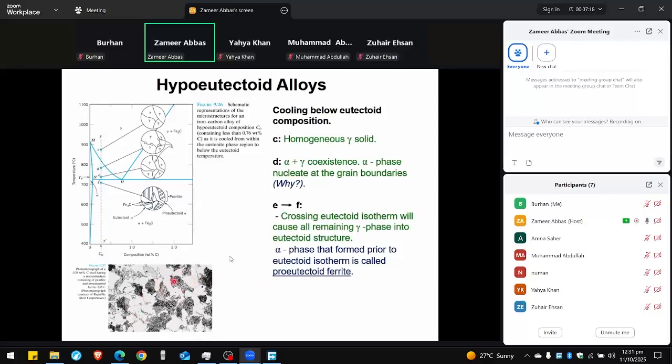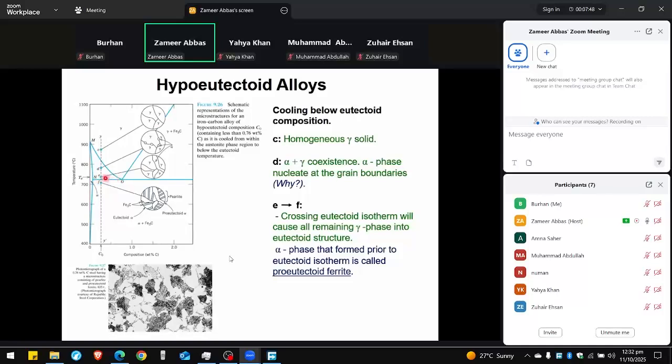White region is pro-eutectoid alpha, while in this dark region you can see layers, lines. So this is pearlite or eutectoid mixture. Okay, so this is the morphology of some steel which is a hypoeutectoid steel. Hypoeutectoid means composition lies starting from here to this point.